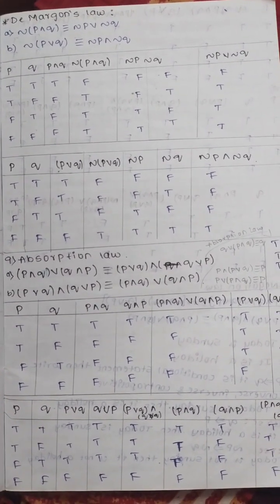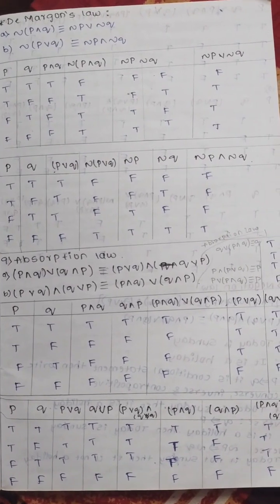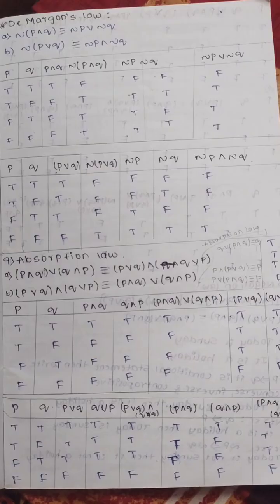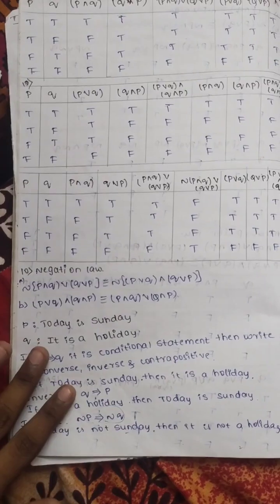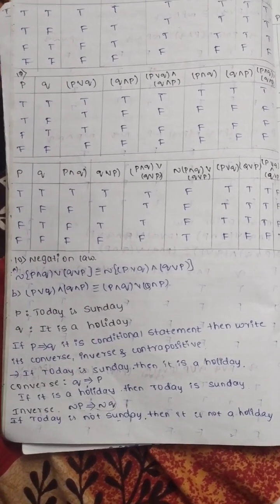Again, absorption law also has two properties, P and Q into or P. Finally, negation law also has two properties.